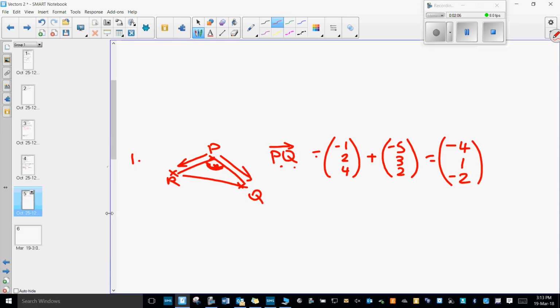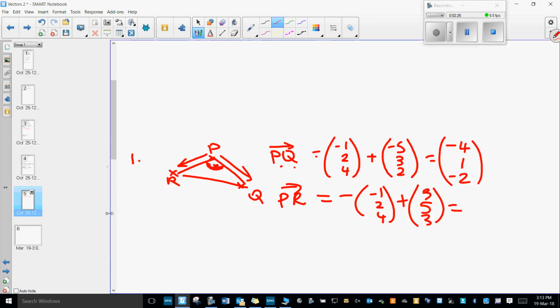Now we're going to find from P to R. So P to R would be negative 1, 2, 4 plus R. What's R, please? 3, 5, 3.